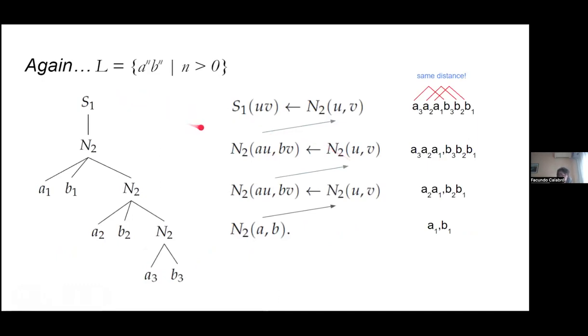Okay, so we can generate the same language as before with this set of rules. We see an A and a B, then we have an N, but in this case, the strings are not concatenated.